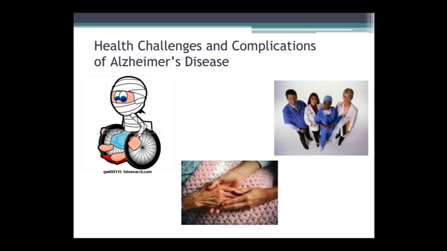So when we look at patients with dementias, especially with Alzheimer's disease, there are common complications that are present and that have been documented to be related to the condition. So there is a higher risk and higher prevalence of infections, especially urinary infections and respiratory infections.